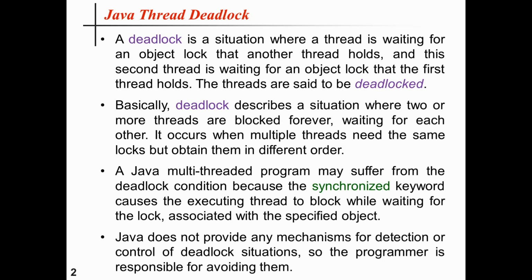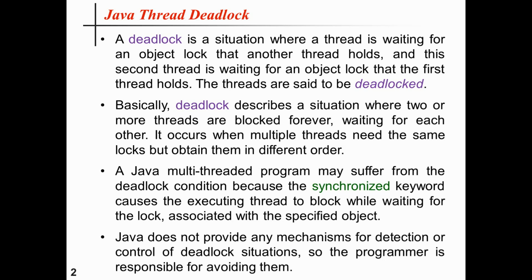Since each thread is waiting for the other thread to release a lock, that means monitor, they both remain waiting forever in the blocked for lock acquisition state. Essentially, these threads are said to be deadlocked. So that is the basic idea of threads considered to be in deadlock state.